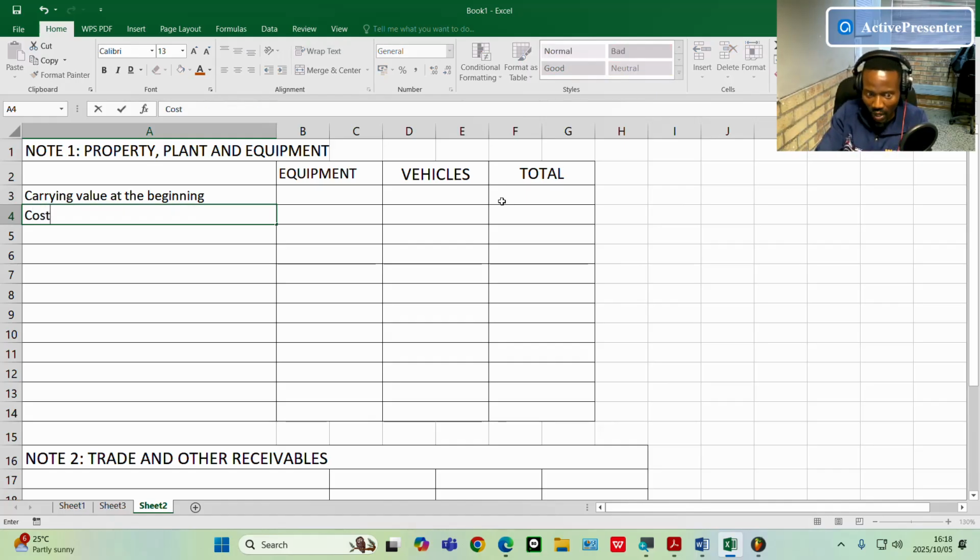We take the cost price at the beginning, and we less accumulated depreciation.